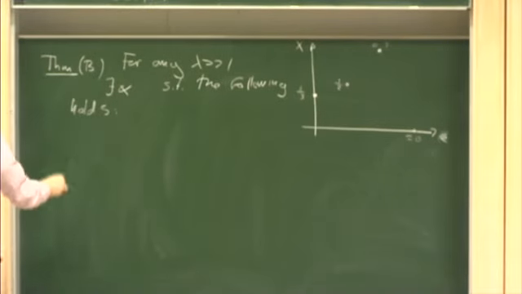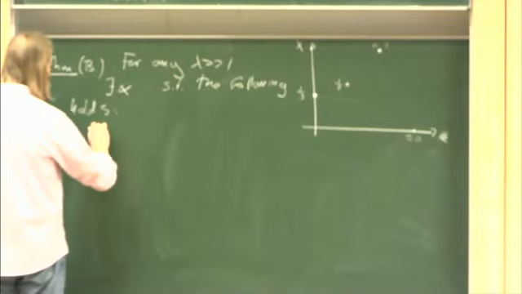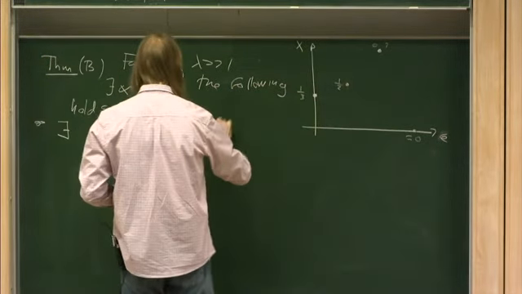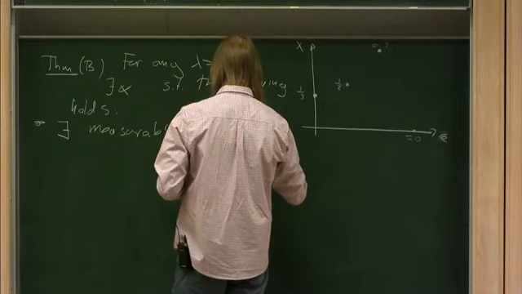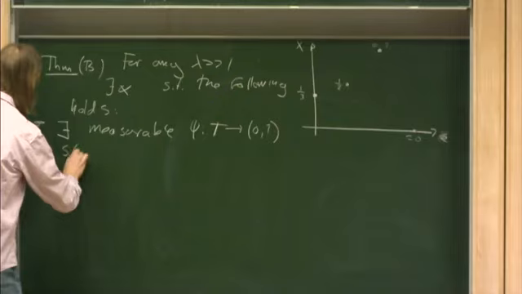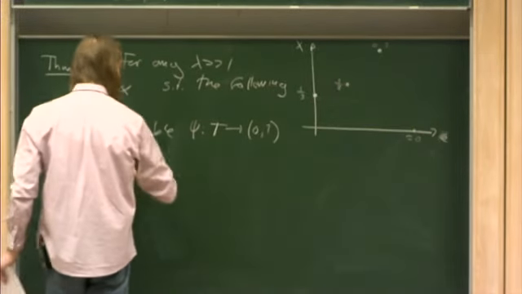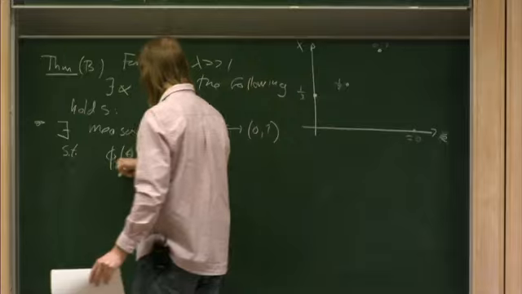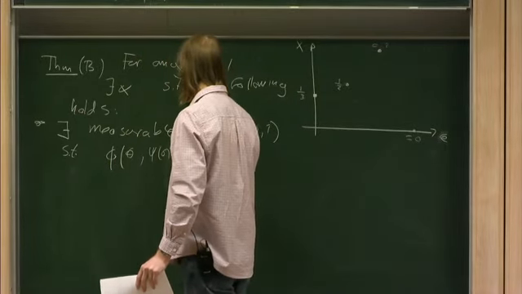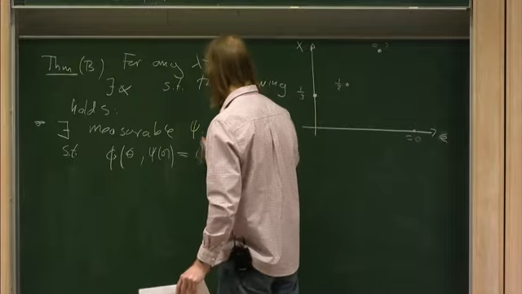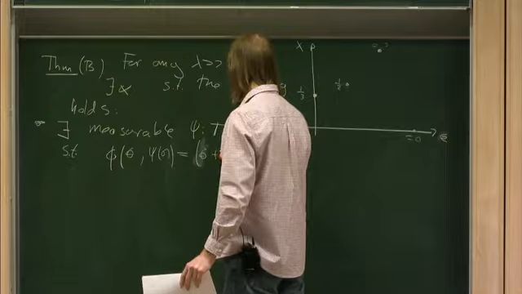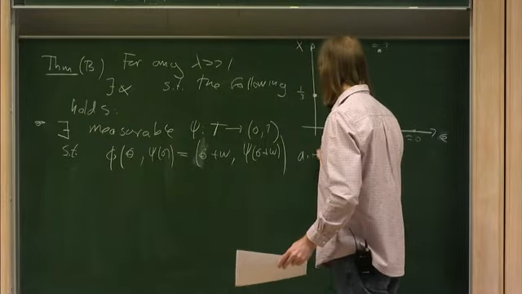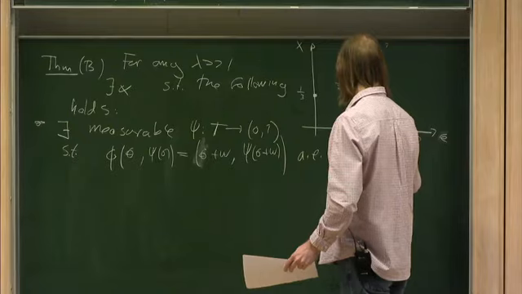There exists a measurable function psi from T to [0,1], such that its graph is phi invariant, meaning that phi of (theta, psi of theta) is equal to (theta plus omega, psi of theta plus omega) for almost every theta.